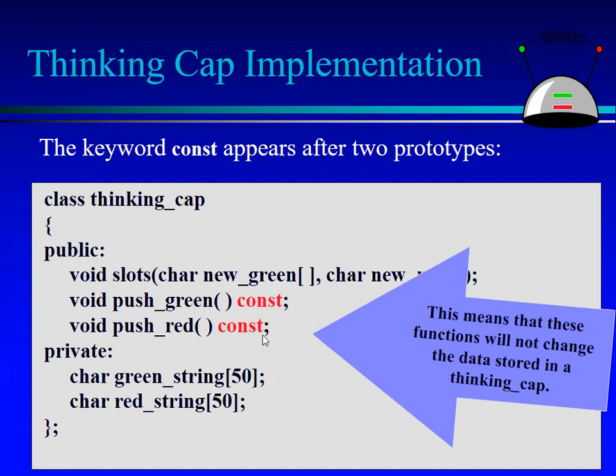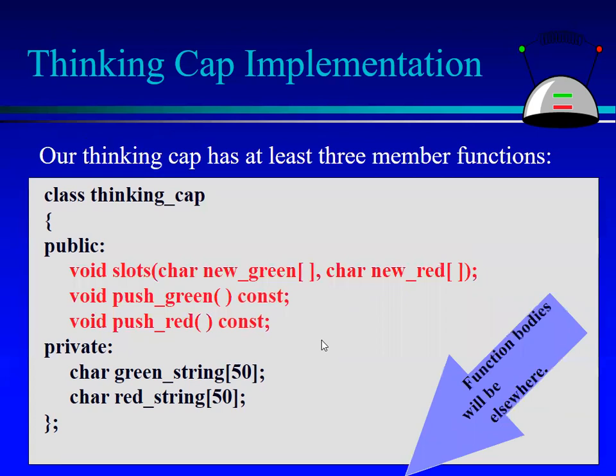So in the last sessions, I have considered that this constant means that whatever the data that we have written within this particular function will be constant. This means that these functions will not change the data stored in a thinking cap. Okay. So now, function bodies could be elsewhere. We can define them here also, exactly below this.